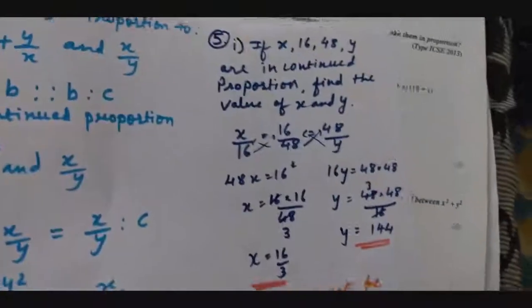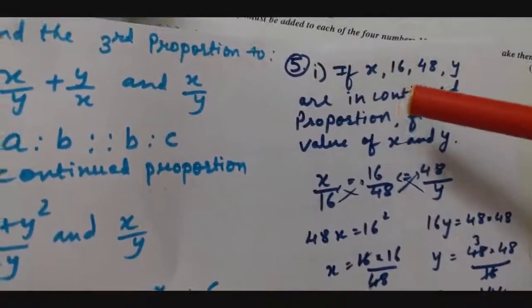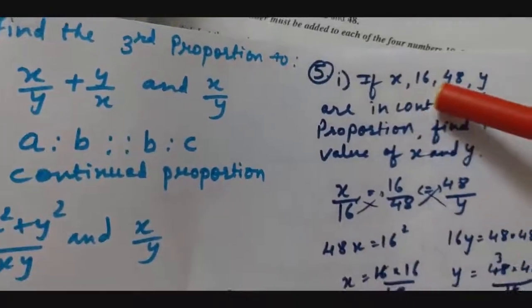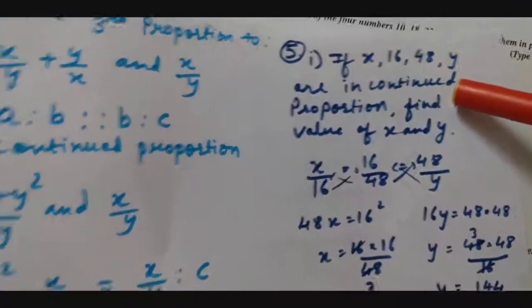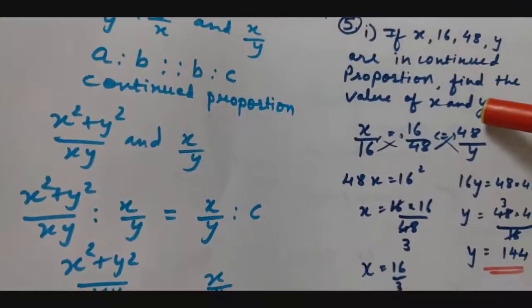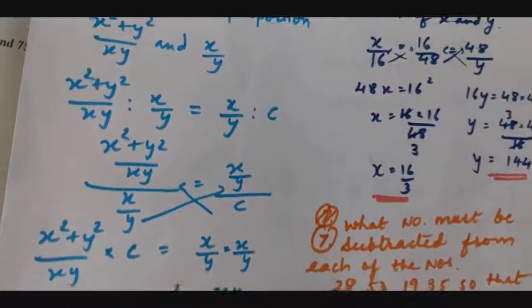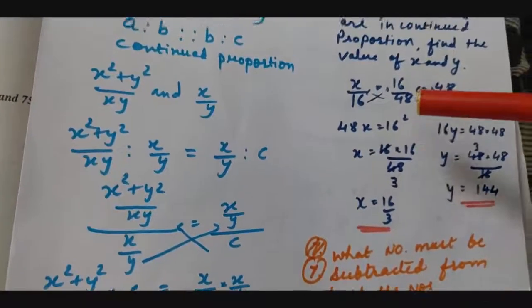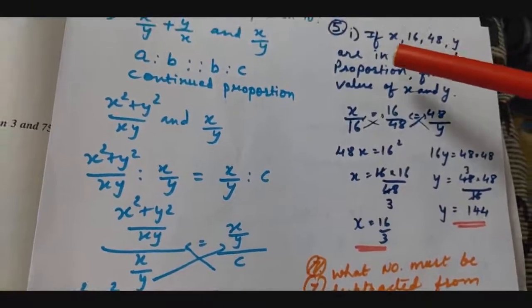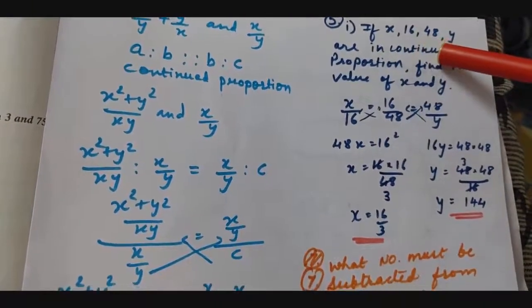Another question here. If x, 16, 48 and y are in continued proportion, find the value of x and y. So it is already given in the question that these four terms are in continued proportion.